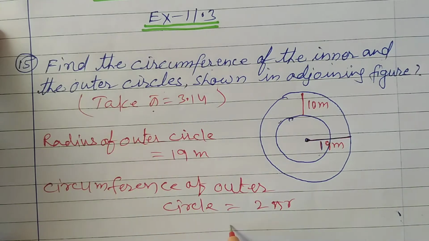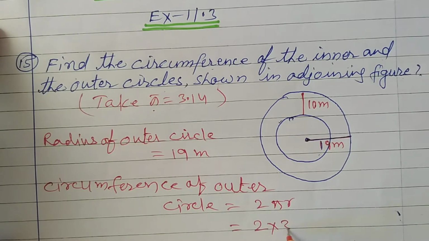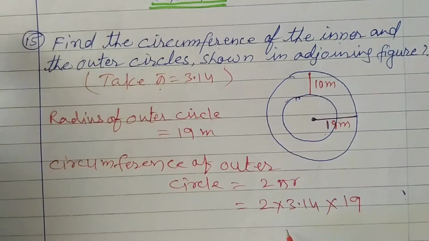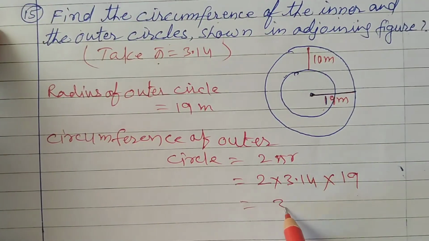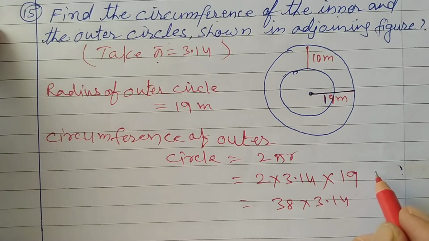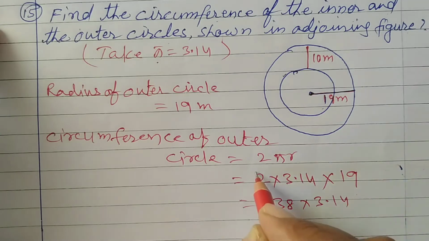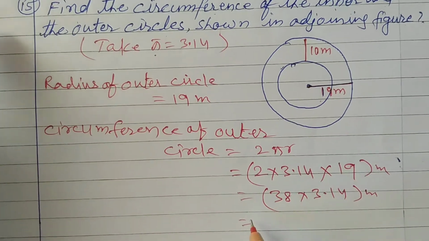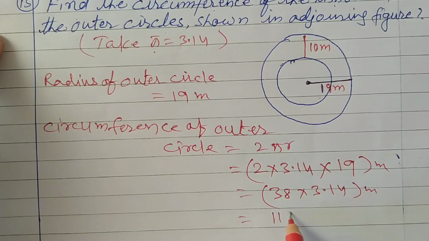So 2 into 3.14 into radius is given 19. Okay, so 19 2 is 38 into 3.14 meter. So you multiply, then you will get 119.32 meter.